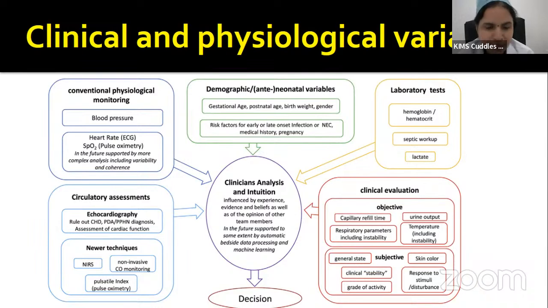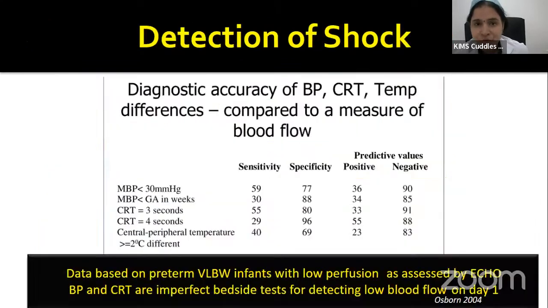So the cardiac output is indicated by LVO or SVC flow. In addition to this, there is the overall assessment of the baby, including the underlying clinical scenario. So in a nutshell, this overall assessment is what helps us to detect shock. No single parameter can be independently adequate for identification of shock.